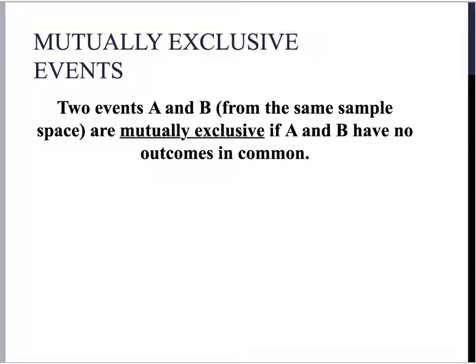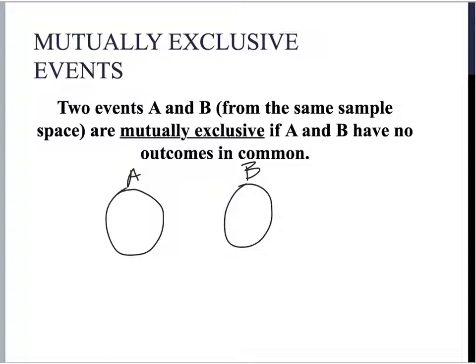So mutually exclusive events are two events, A and B, from the same sample space. They're considered mutually exclusive if A and B have no outcomes in common. For example, if I gave you a visual representation, it would be if I had a set A and a set B. And they come from the same sample space, but these are just two different events.